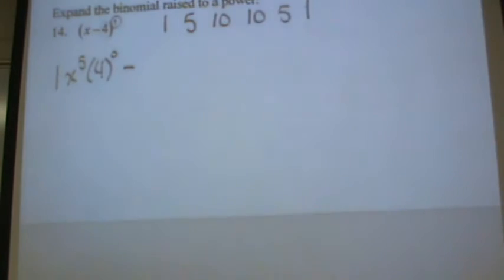So our second term is going to be 4. And remember that this is to the 0 power, and it increases each term. Our binomial is a subtraction, so our signs alternate for this one. So in between our first and our second term, we're going to have a negative or a subtraction sign.